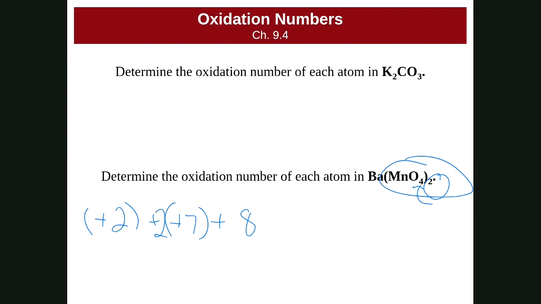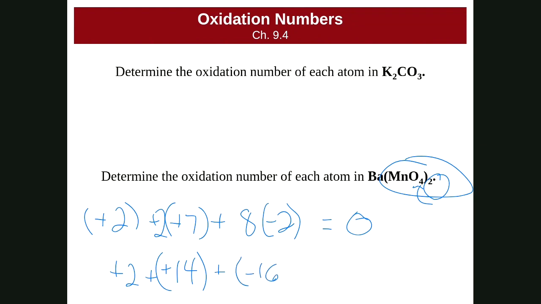So there's 8 oxygens. So that's 8 times -2. And this should equal 0 if we did it right. So +2 plus 14 plus -16. So +2 and +14 equals +16. And we add it to -16 and get 0. All right. So we have +2 for barium, +7 for manganese, and -2 for oxygen.